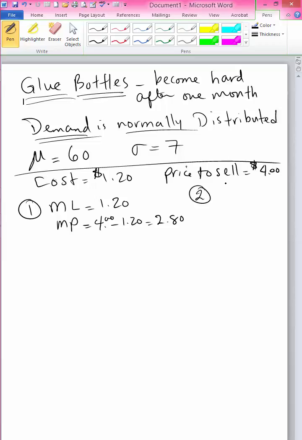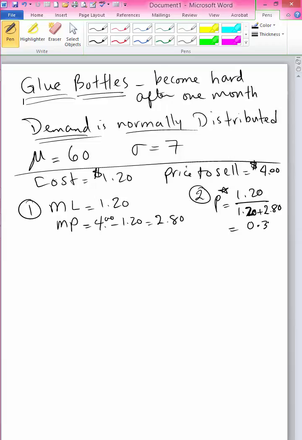Step two is to compute the critical P, which is marginal loss divided by marginal loss plus marginal profit. That's $1.20 divided by 4, which in this case is 0.3.